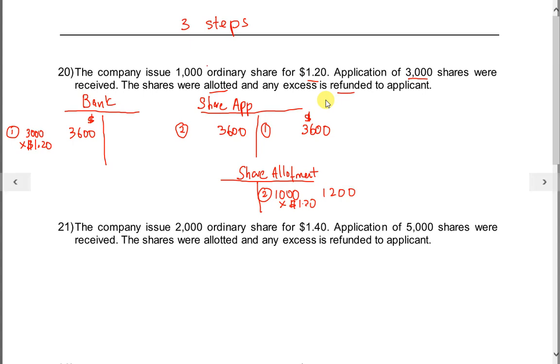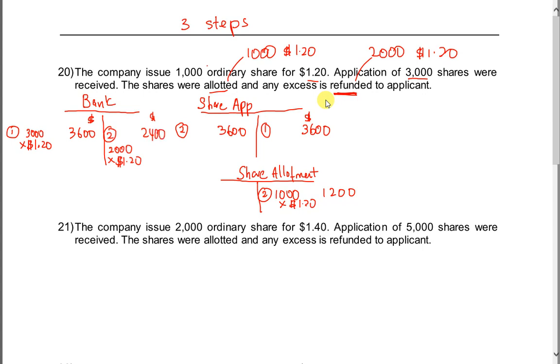Then the remaining 2,000 will be refunded. So allotted will be 1,000 and refunded will be 2,000, at $1.20. When I refund this, I'm going to credit bank 2,000 shares times $1.20, so 2,004.